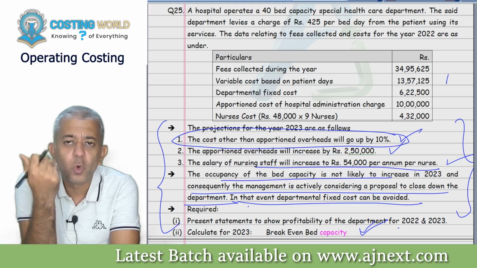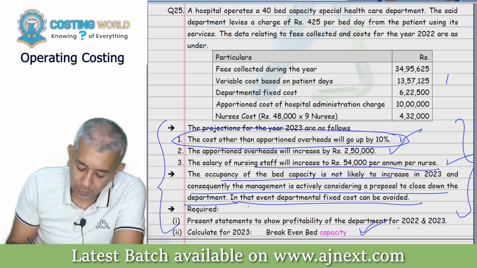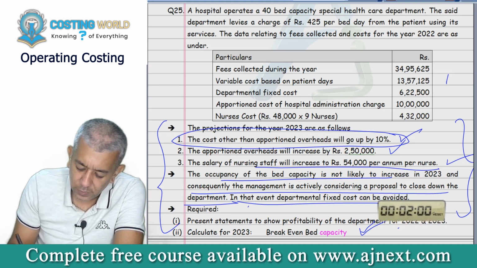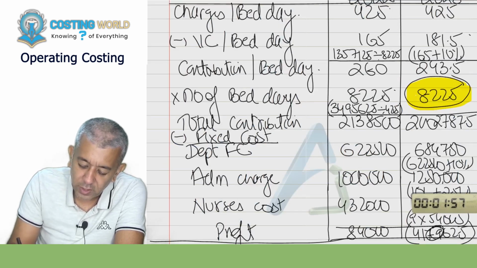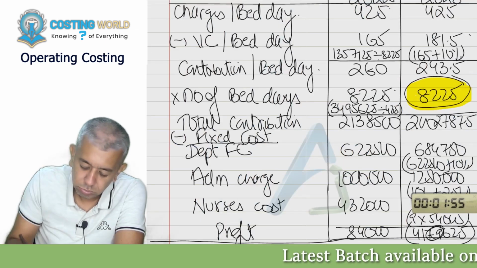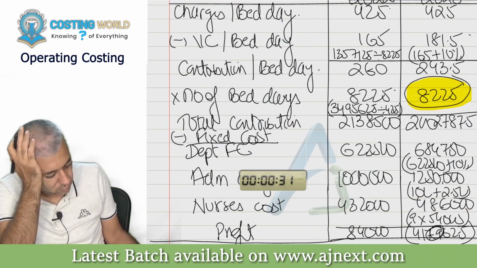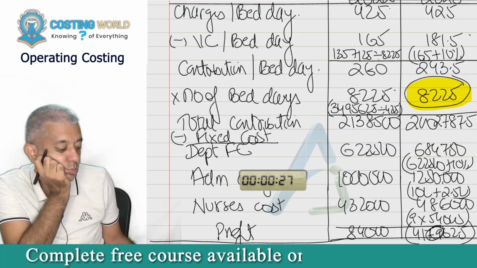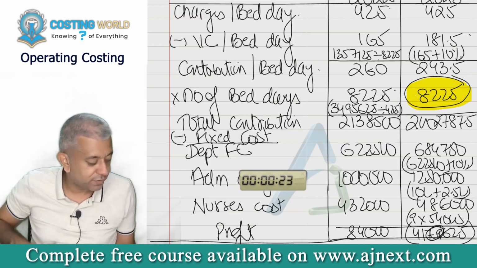Go in rough, go on calculator, whatever you all want. I am giving you 1 minute, waiting for you all to tell me the answer. 2 minutes. How many bed days should I write over here so that I get zero profit? Waiting for the answer. How many bed days should I write over here so that I get zero profit?